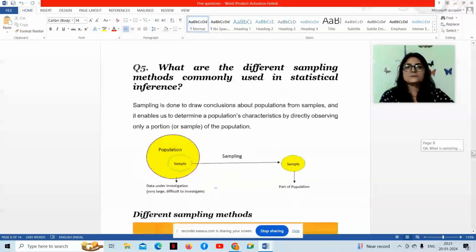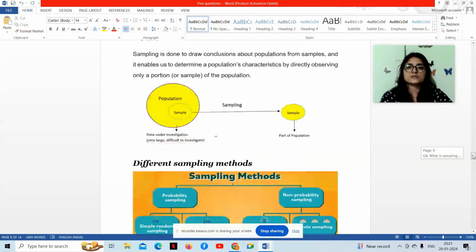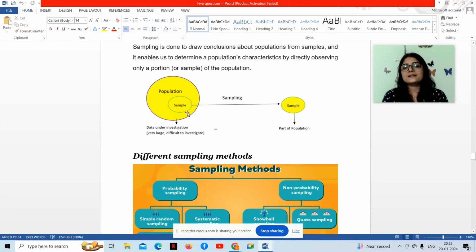The last question: what are the different sampling methods commonly used in statistical inference? As we already know what a sample is, and this picture also defines a sample in a clear way. This is the population, very large and difficult to investigate.